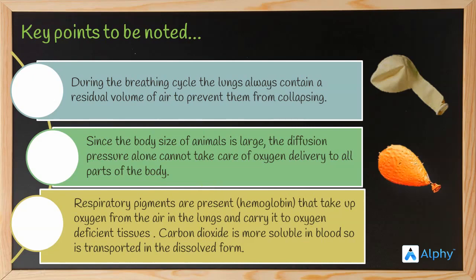It's a fact that if diffusion was to carry out gaseous transport in humans, it would take about 3 years to move a single molecule of oxygen to our toes. So I guess we should be really grateful that we have such a pigment in our bodies, isn't it? So that's why we have hemoglobin for transport of oxygen. Okay, so here I end my lesson for today. Thank you.